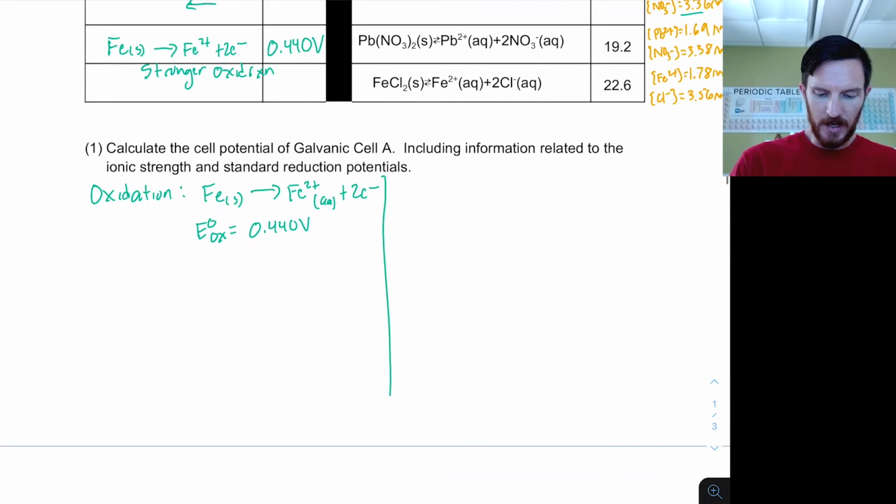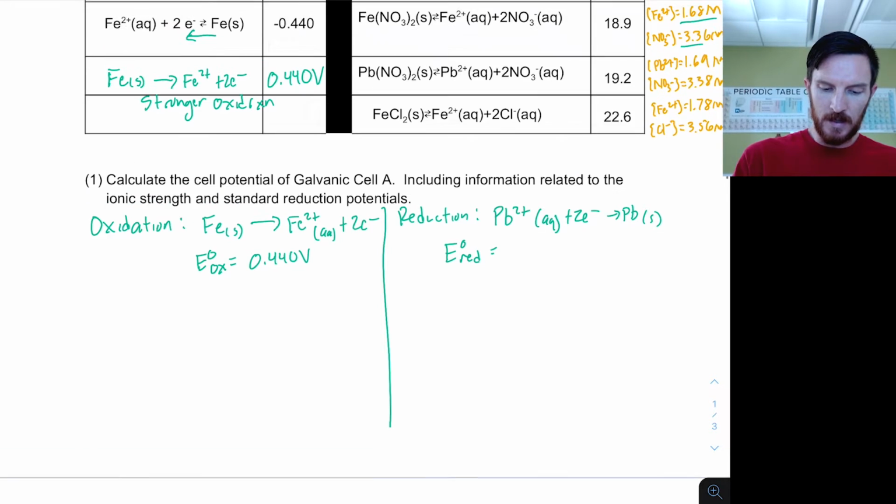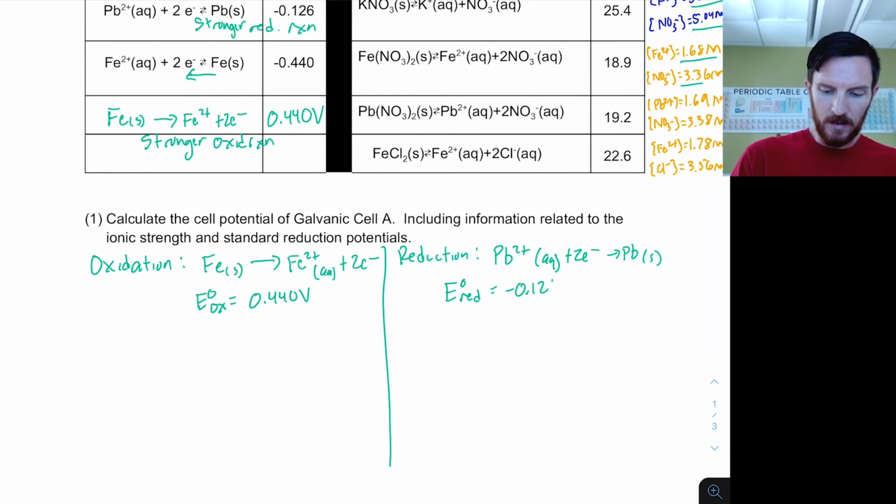Then we can compare that to our reduction side. We have our lead gaining our 2 electrons to give us our solid lead, and this standard reduction potential is negative 0.126 volts.